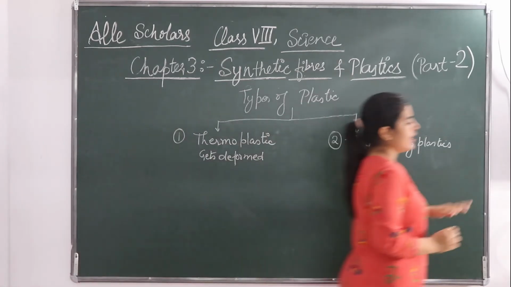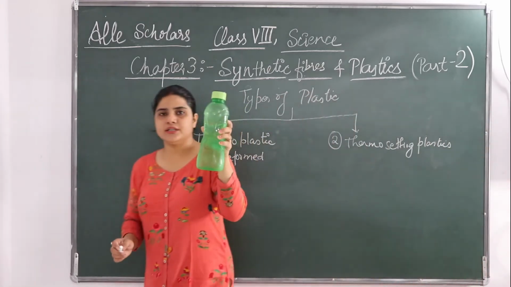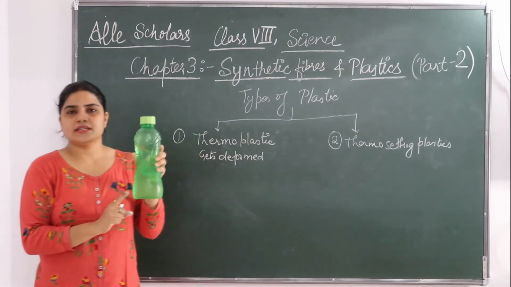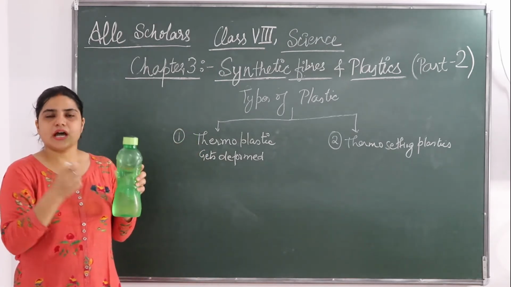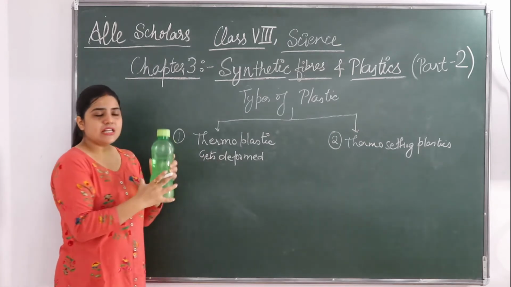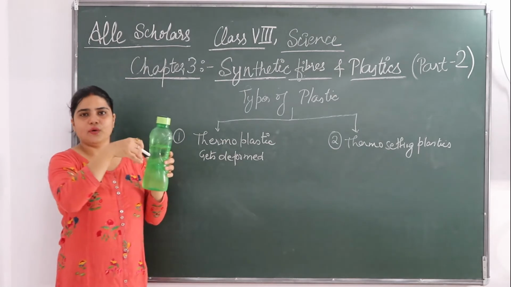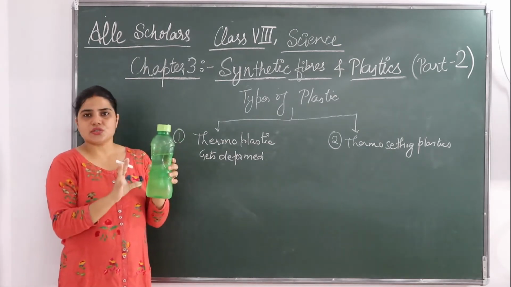It gets deformed. Okay? If you put hot water in this bottle jar, the plastic of this bottle jar is going to be deformed. शेप इसका चेंज हो जाएगा. हॉट वाटर आप कभी डाल के देखिएगा, प्लास्टिक कुछ ऐसे अजीब सी हो जाएगी.